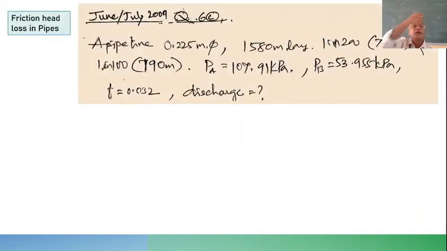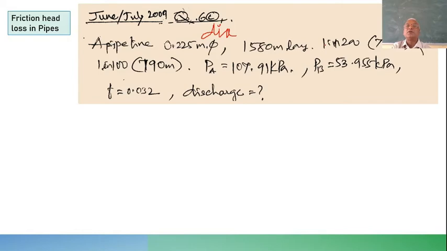Now friction head loss in pipes, one more problem, June-July 2009 question paper, question number 6C. A pipeline has got 0.225 meter or 22.5 centimeters as diameter. It is 1580 meters long.